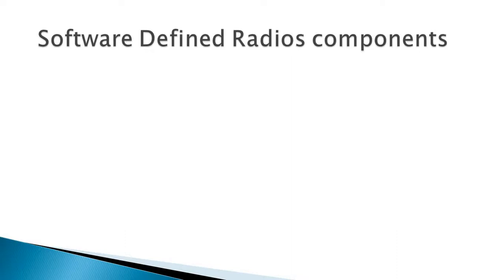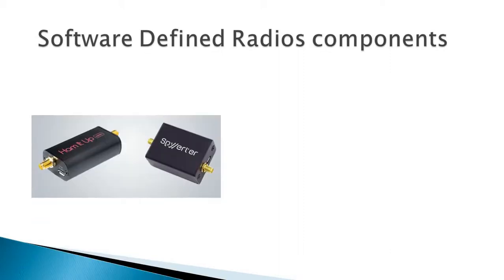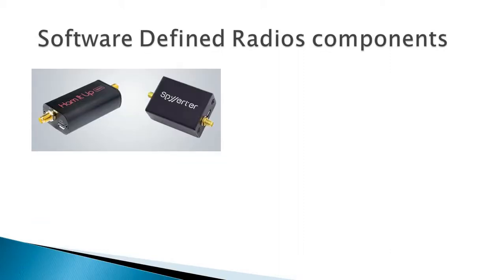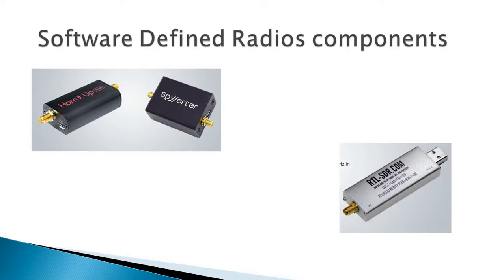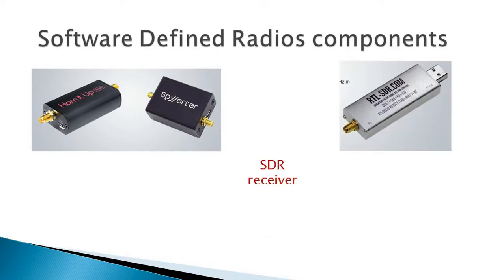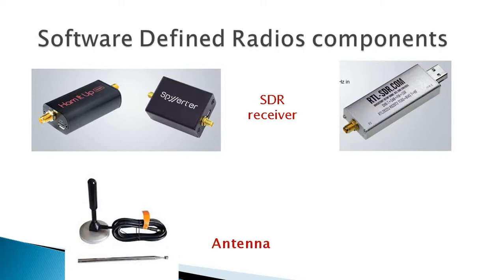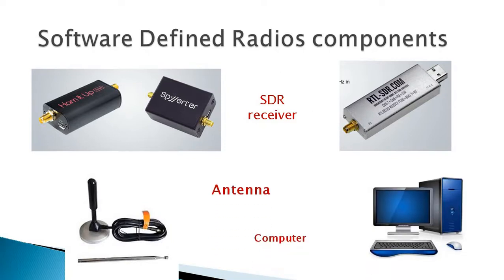Right now let us talk about the components which are required in software defined radios. One thing is clear: everything is defined in the software, right? So what components will you require? It is very easy, you require only 3 components like this: an SDR receiver, an antenna, and one computer.